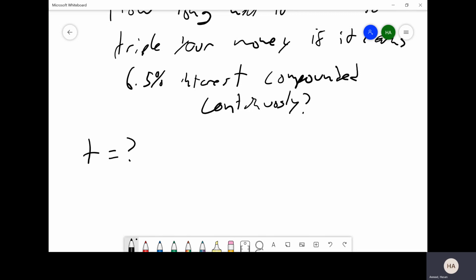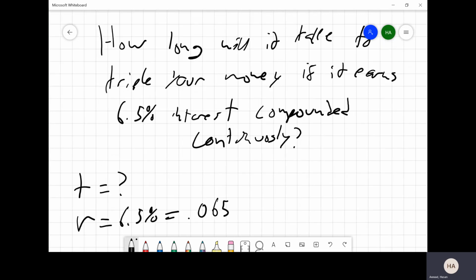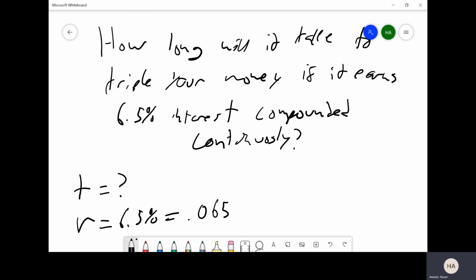Okay, let's write out what else we know. We also know our interest rate, right? 6.5% interest. So r is 6.5%, and when I write that from percents, that's the same thing as 0.065. Great. So we know t, we know r. Well, do we know P or A?